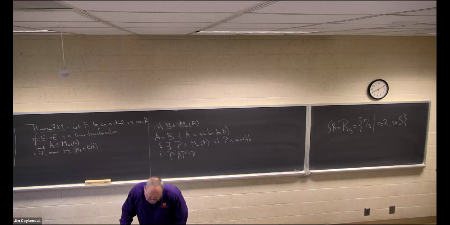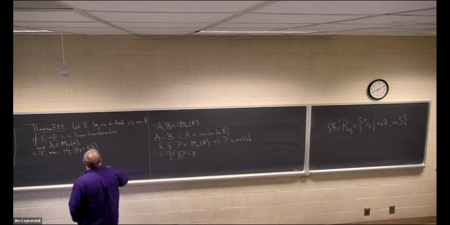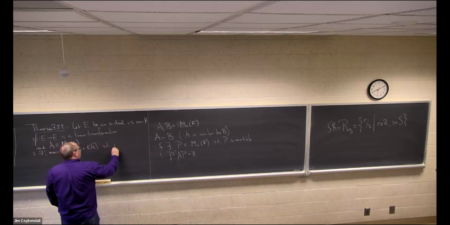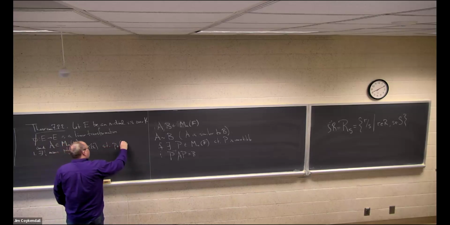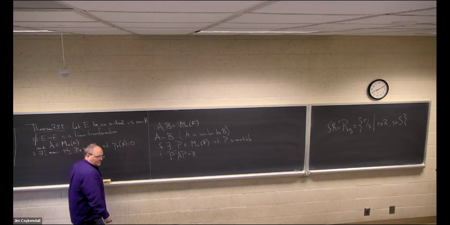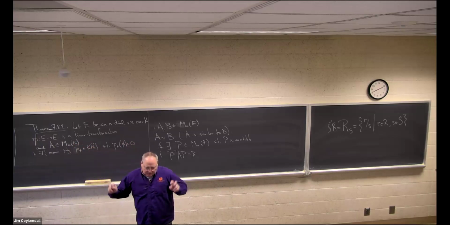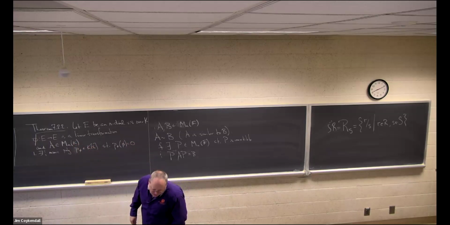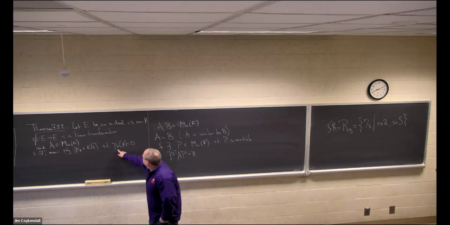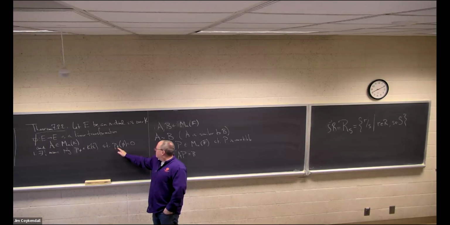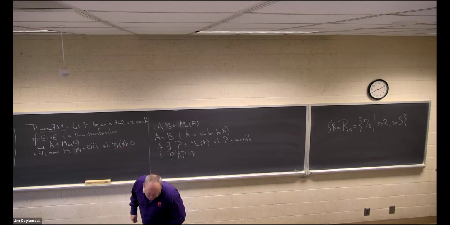Such that P sub phi of phi is 0. So when you plug the linear transformation in, you get 0. What do I mean by this? I'm just going to write this down, and I'll hopefully clarify it later.